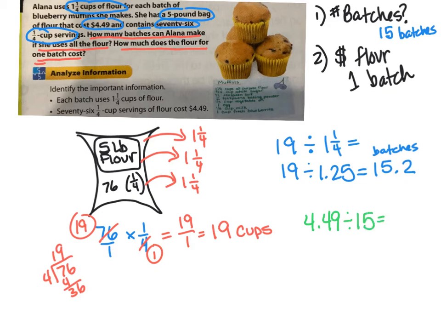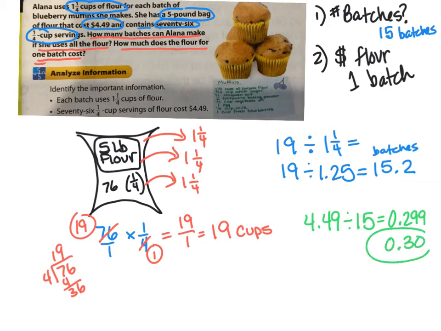And I'll calculate that on my calculator. I get a big old answer of 0.299333 blah blah blah. But we're talking money, right? We don't have a coin past this, so let's just round it to the hundredths place, the pennies place. That's an up number, so we'll just make that go up from 29 to 30.